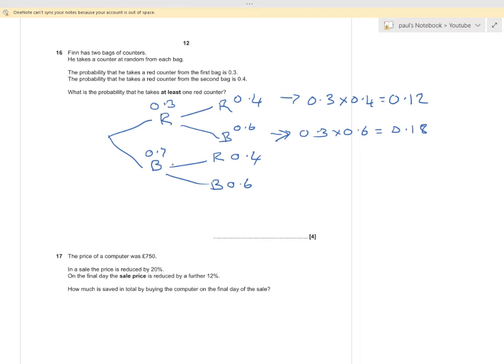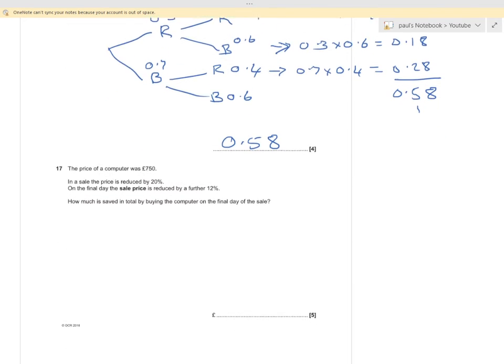You can do a red this way, which is 0.7 times 0.4, 4 7s are 28, so 0.28. I hope this works out properly. And so we just add all these up together, 12, 18, and 28. So it's 0.58. Ah, yeah, 0.58.